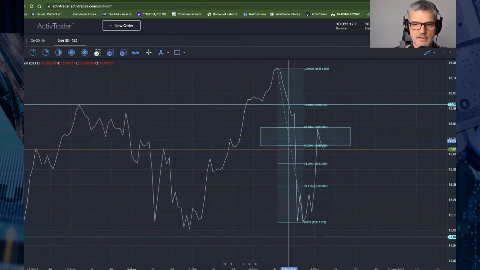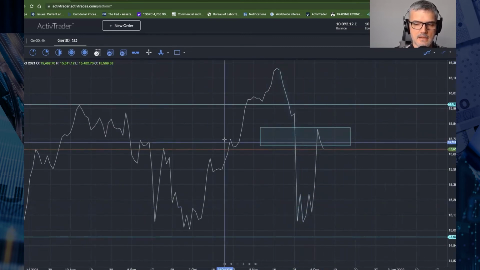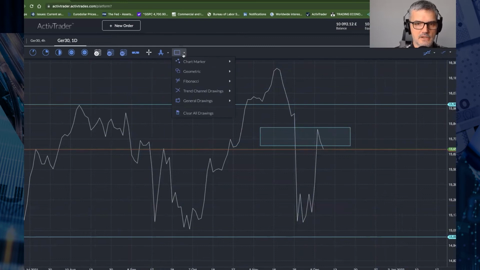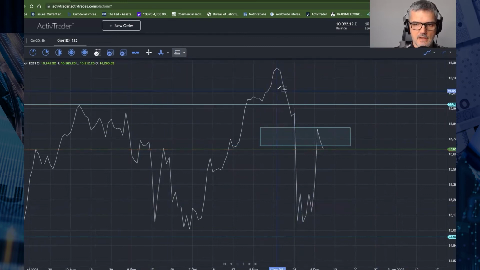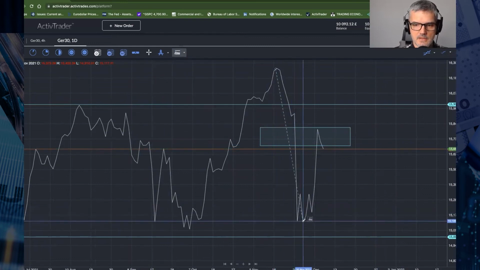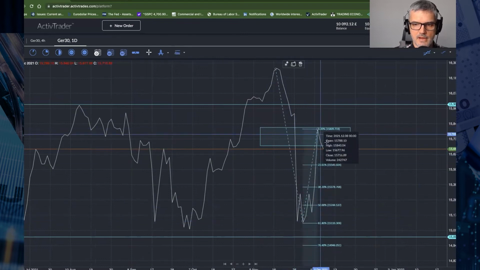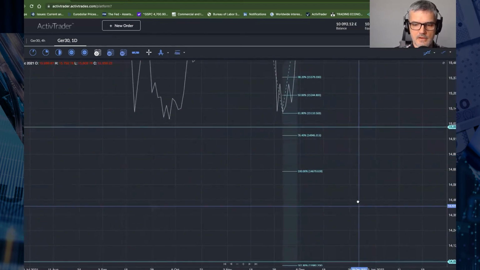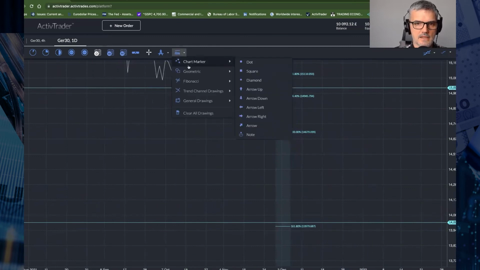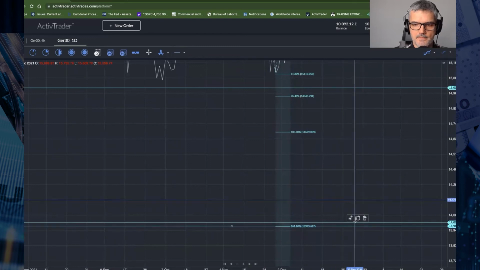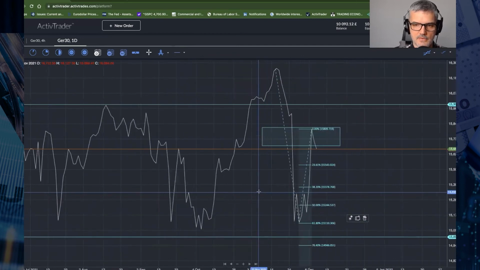But if I just get rid of this particular retracement and use an extension, you go Fibonacci extension, swing high to swing low to known pullback, and then look for the 161.8, and you can see that already we're around the 14,000 level.